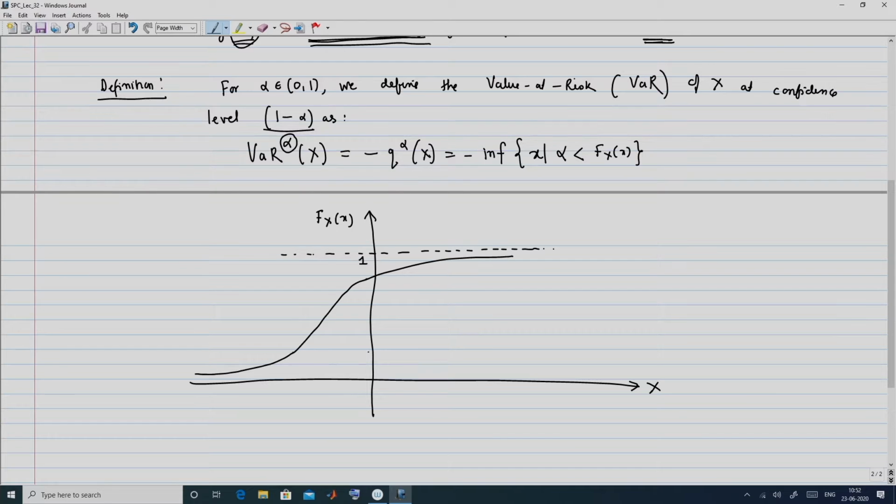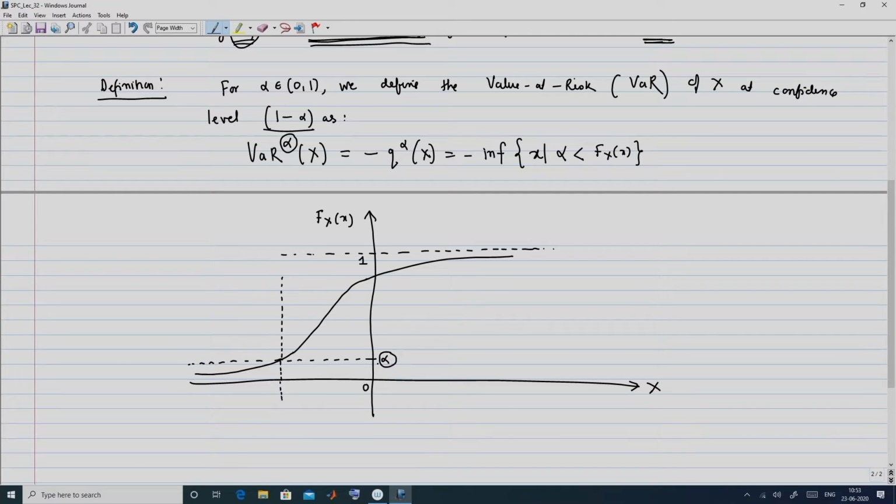Now what we do is that we fix some value of alpha out here, which obviously lies strictly between 0 and 1, and we look at this horizontal line corresponding to alpha, and then we identify the corresponding value on the x axis.